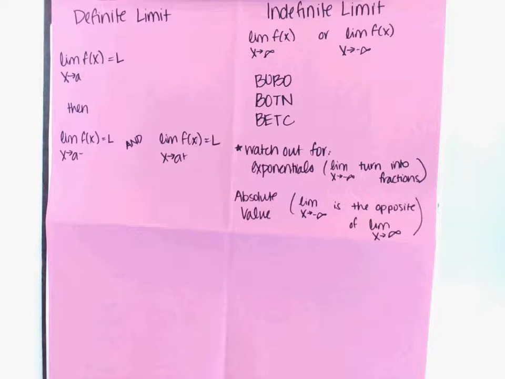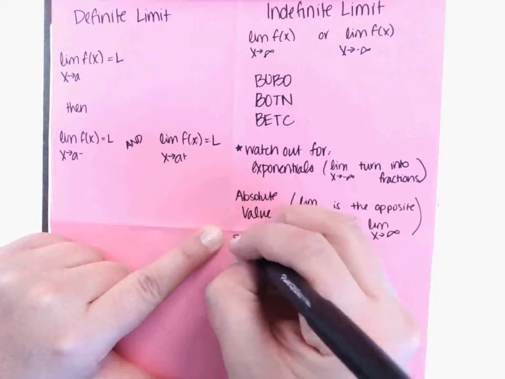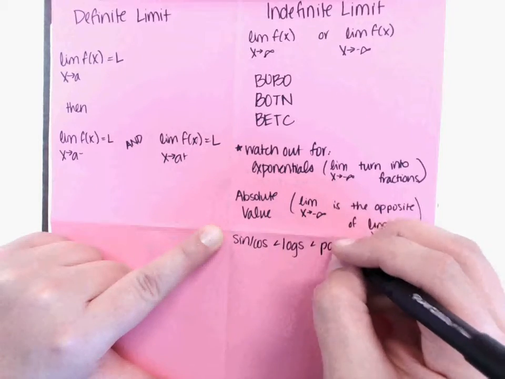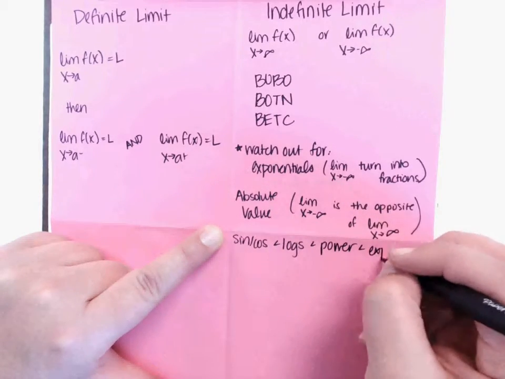Okay, one other thing that I didn't really leave room for because I forgot is the order of size. So what is the biggest type of function? Exponentials. What is the next biggest? I'll give you choices: sine and cosine, power, or log. I'll just give you the list. So sine and cosine are the smallest, then logs, then power, then exponential.